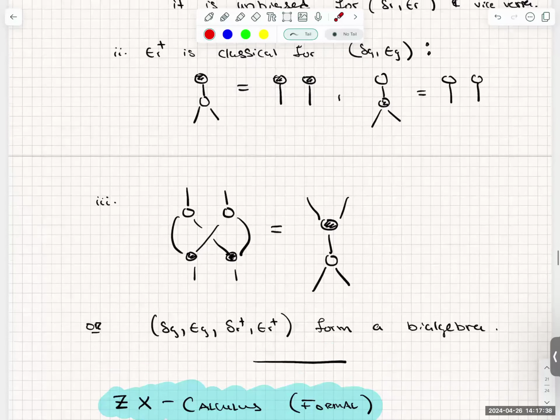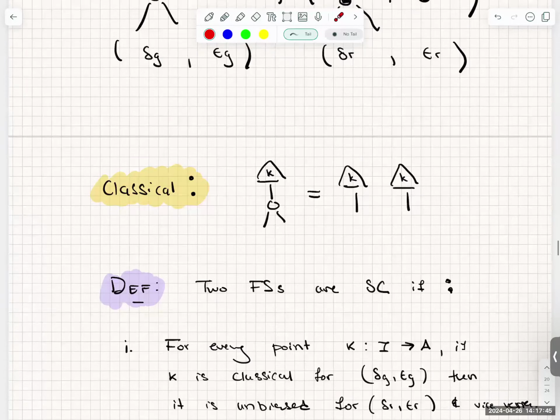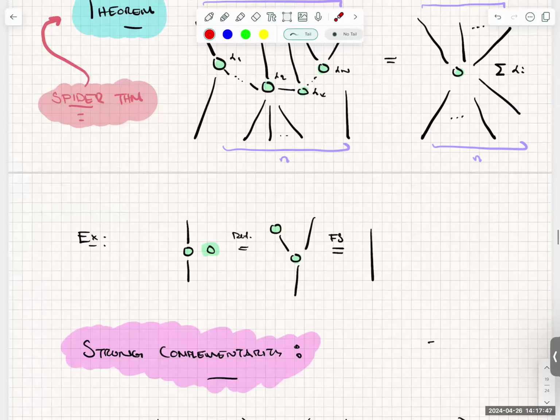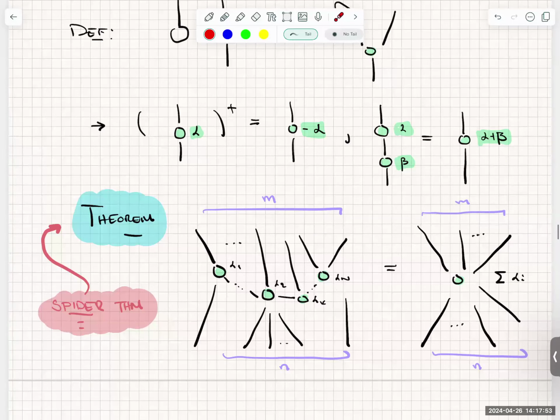You have to be a little bit careful with different colors, but when it's the same color, it essentially just means that you can add up the alphas. That's the content of this. Okay, great. Just coming from more or less this abelian structure.